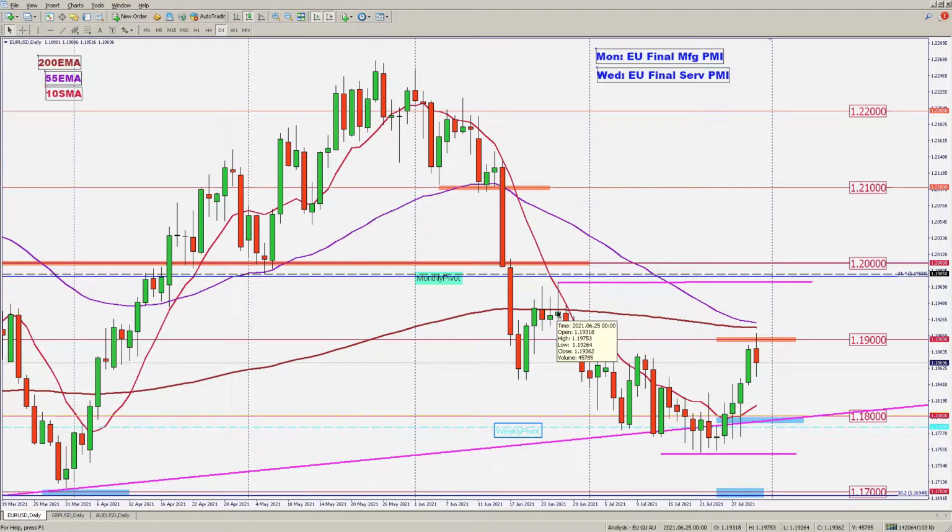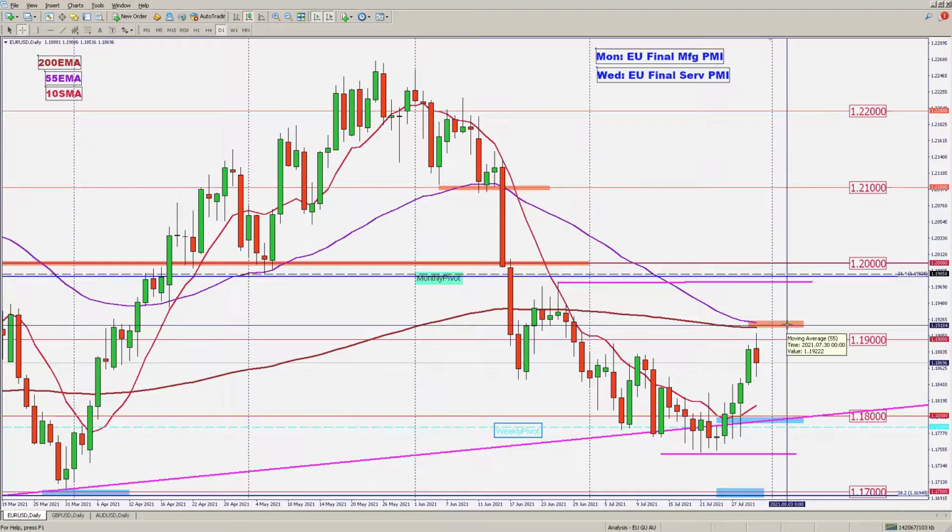Highest at 119.75. Daily 200 is at 119.15. So I think I'll move this up to this zone. This will be a key resistance around the 119.20 area.